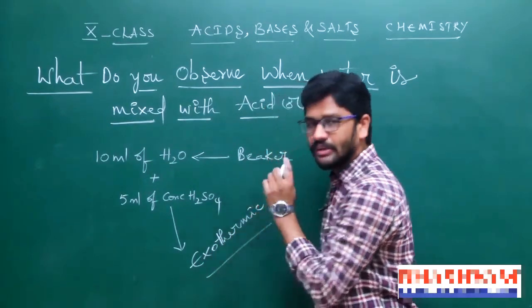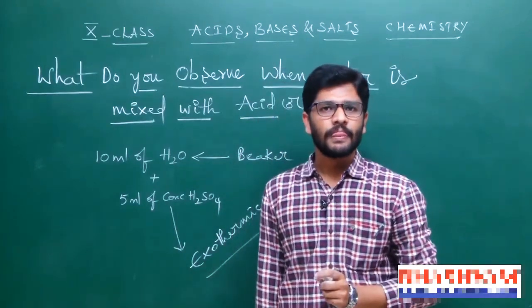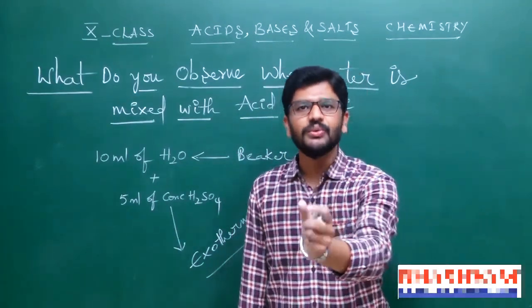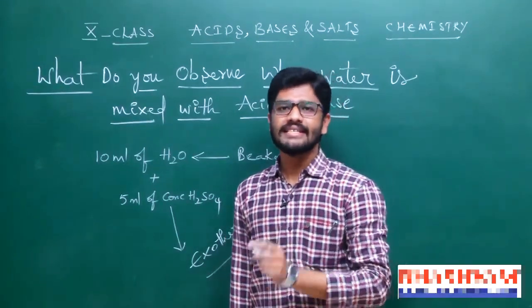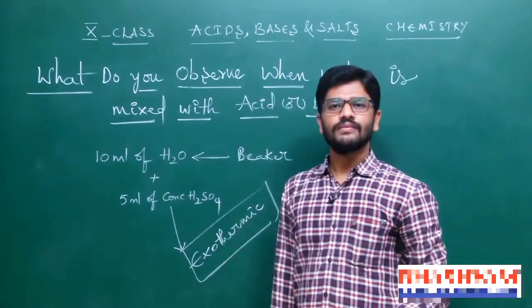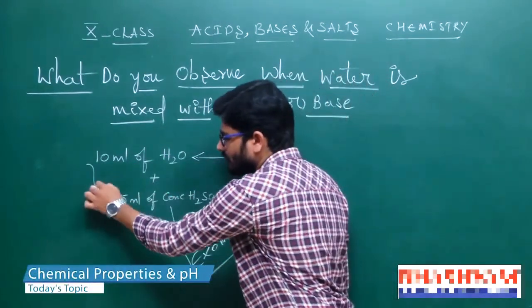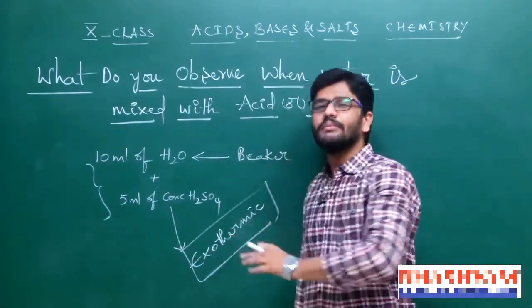What is meant by exothermic reaction? In those chemical reactions, heat is produced. That chemical reaction we call an exothermic reaction. So in the test tube, the reaction is exothermic.